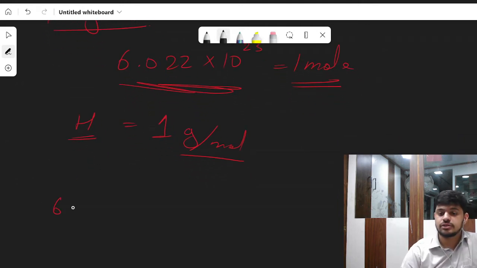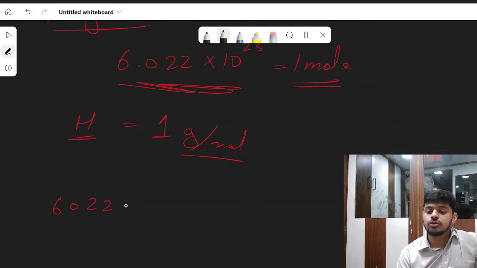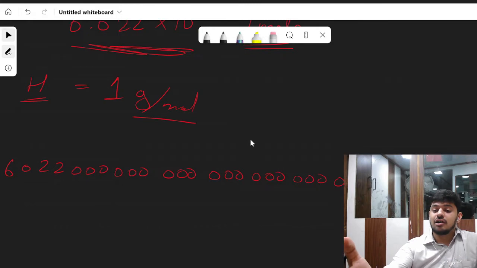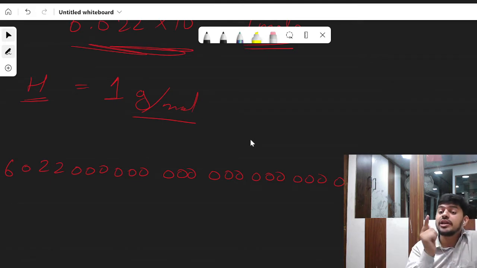You know how big this value is? See, 6.022 followed by all these zeros. Oh my god, our life will finish while counting these atoms. Do you think you will be able to count one hydrogen, two hydrogen, three, in only 1 gram?